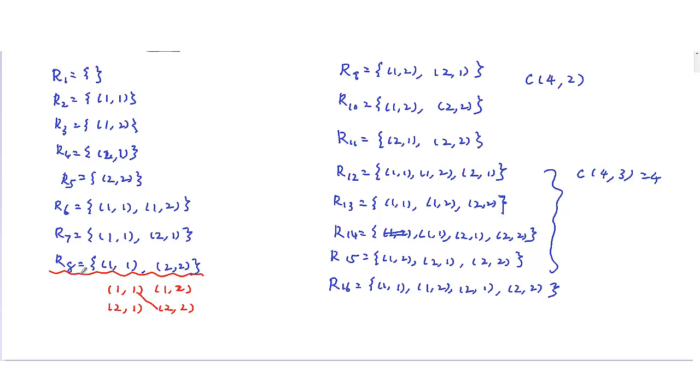Therefore R8, a relation like this, is called the diagonal on set A. That is denoted by Δ_A, the set of (a, a) such that a is an element in A in general.